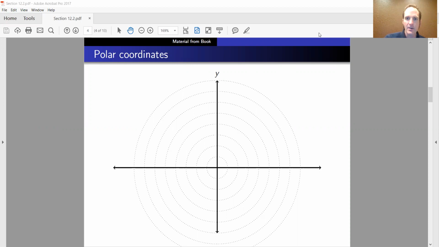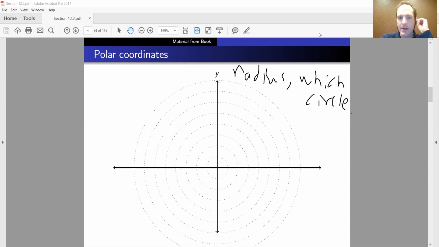All right. So the radius is going to tell me which of these circles I am on. And radius 0 is, of course, the center of the circle. Radius 1 will be the next one out, then 2, 3, 4, and so on. Now, radius 1/2 is also in there, and so is radius 1 1/2.